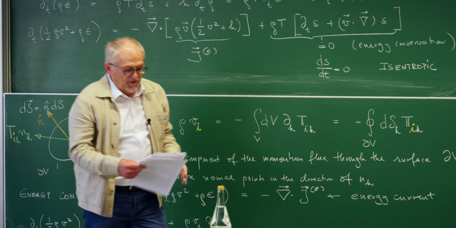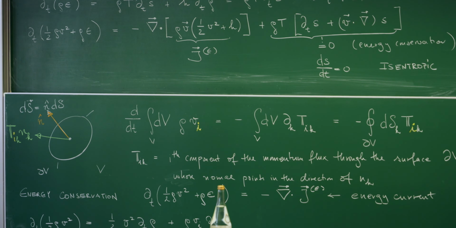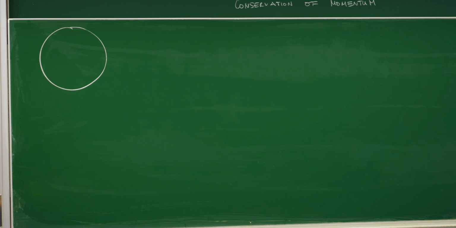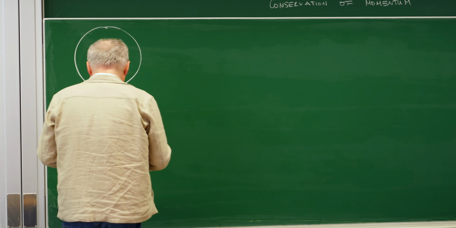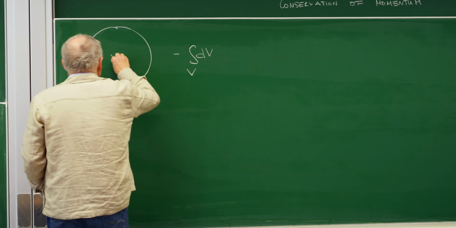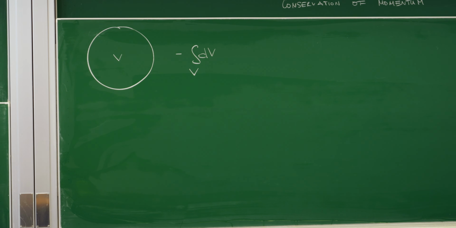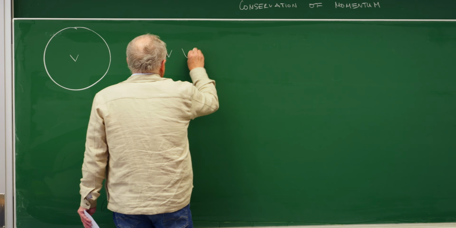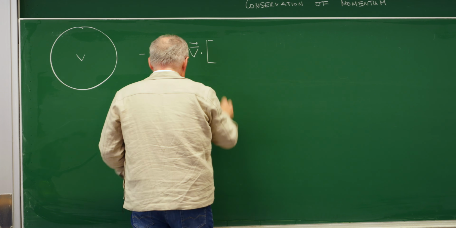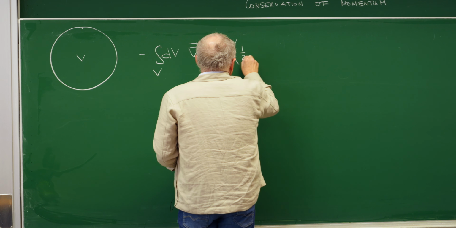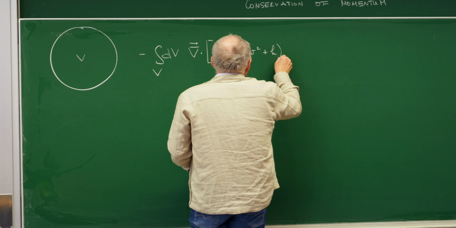Okay? And before we go into the break, let me show you what this means. So to see what this means, we again look at a certain volume element and then calculate the expression that we have. So we have this volume V, and we are integrating this divergence, which is the divergence of the momentum times a half v squared plus h.